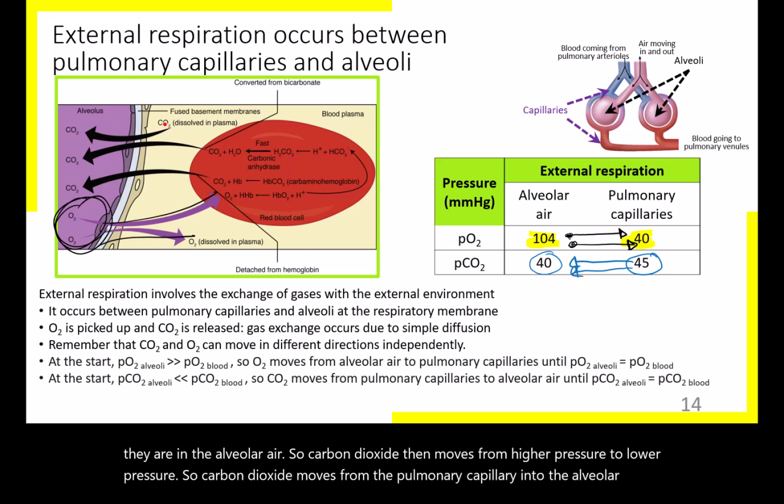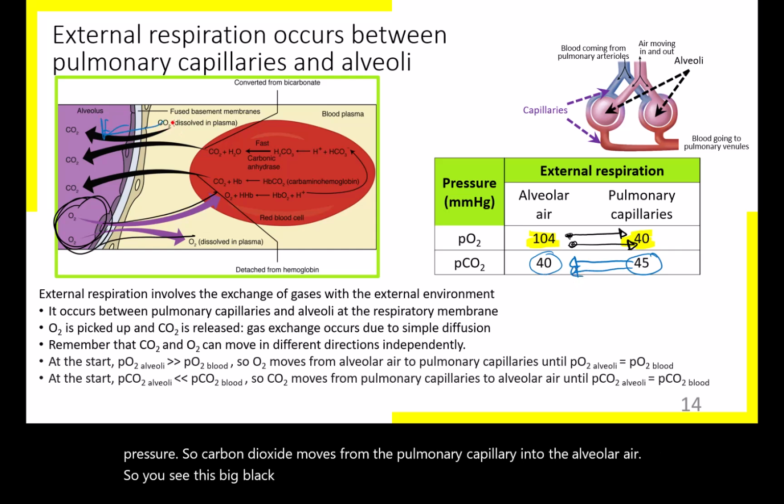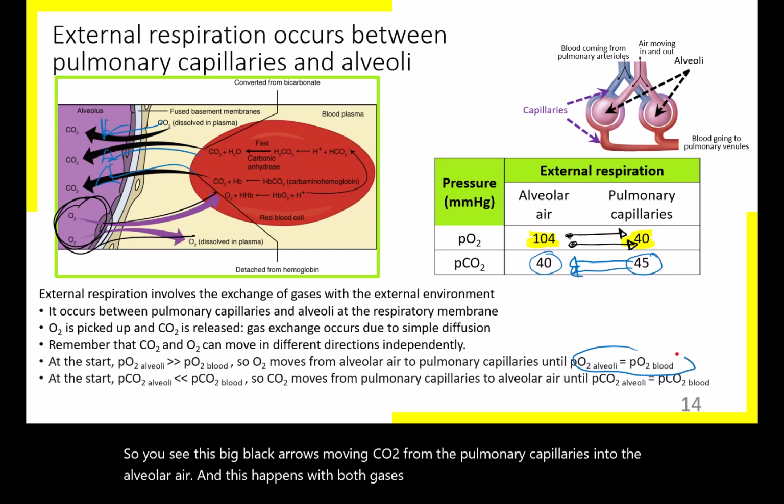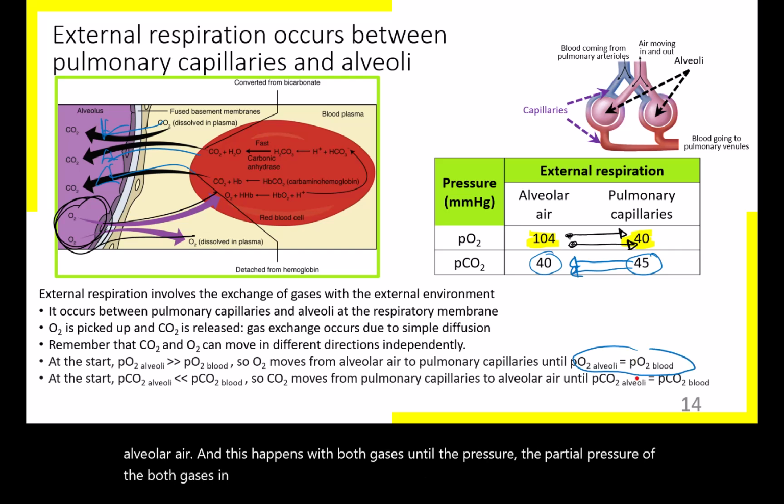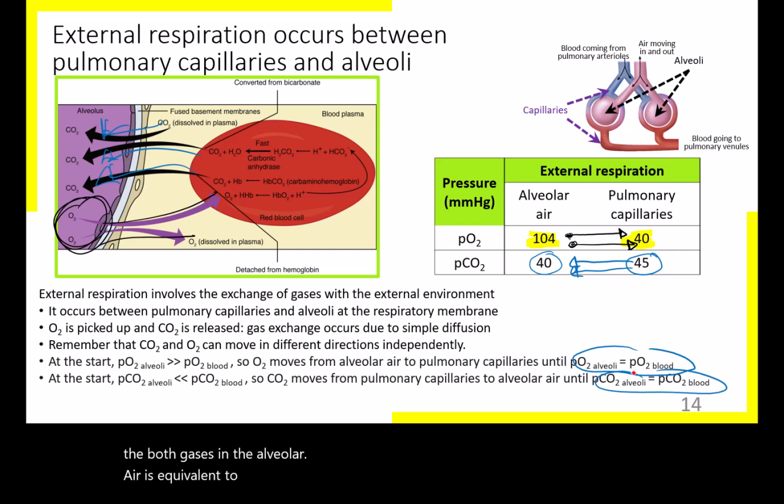So you see these big black arrows moving CO2 from the pulmonary capillaries into the alveolar air. And this happens with both gases until the partial pressure of both gases in the alveolar air is equivalent to the pressure of the gases in the pulmonary capillaries.